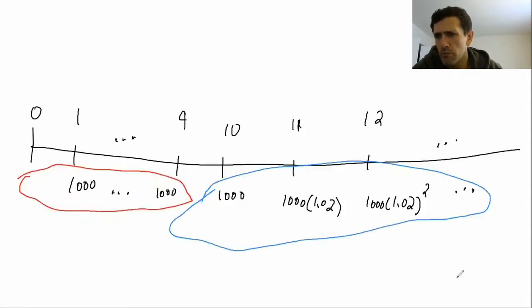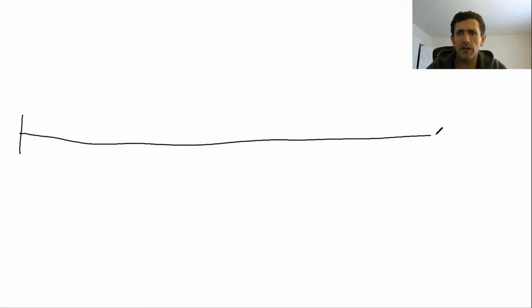So let's do the blue annuity. Okay, so we still want the present value at the beginning of this entire annuity. So we want the present value at t equals 0.